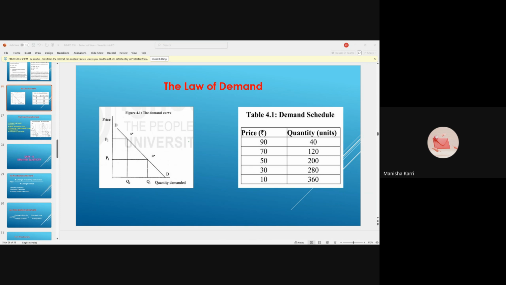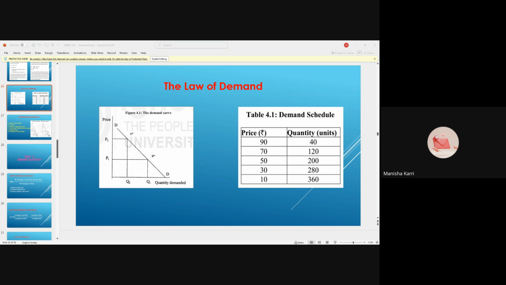You can see here the demand schedule. Take an example of onions. The onion prices would be 90, 70, 50, 30, and 10. When the price of onions is increased up to 90, the consumer will buy only 40 units, or 40 cases, of onions. When the price is reduced to 70, the consumer will buy 120, since he can afford it.